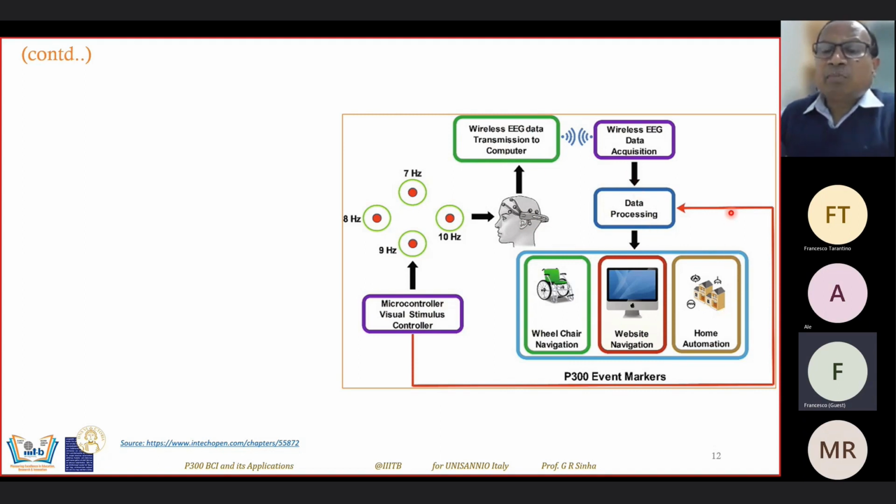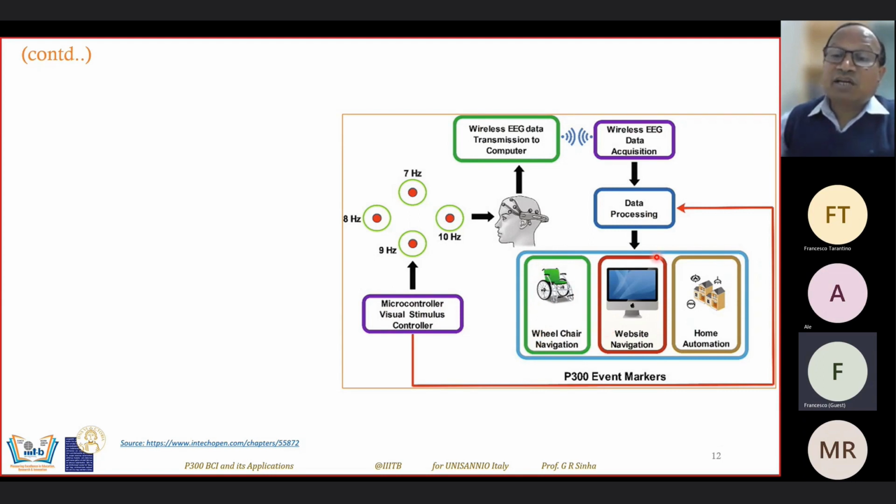And what are the possible applications? Like wheelchair navigation. The person who has a disability wants to reach a little closer to the television, wants to go to the kitchen to take water, wants to go from one room to another room, or one place to another place in the home. So wheelchair navigation can help a person having a physical or mental disability.